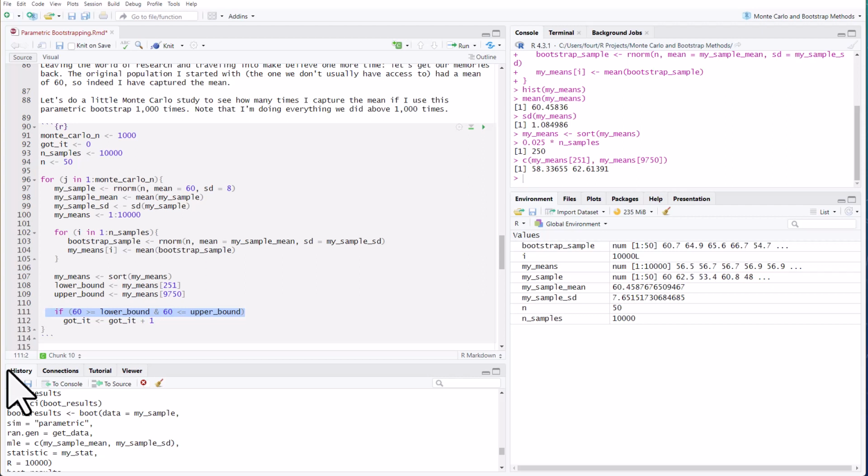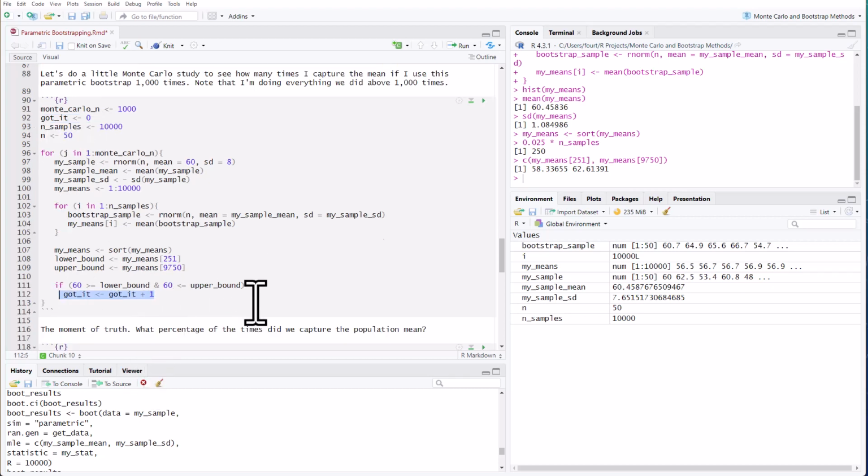It's somewhere in that interval. If it is, I'm going to say got it. And I'm going to take my got it variable, that I set to 0 up here, and add 1. So let's see how many times we capture the actual mean.